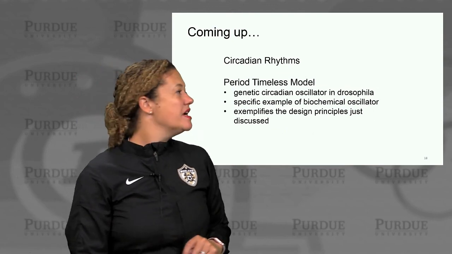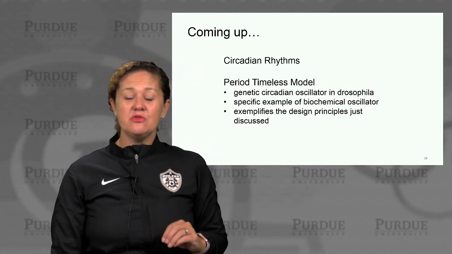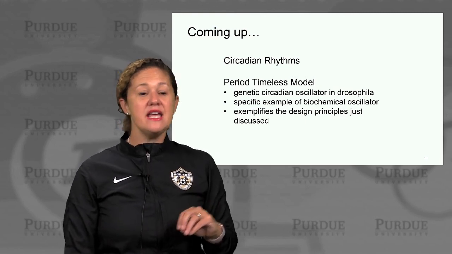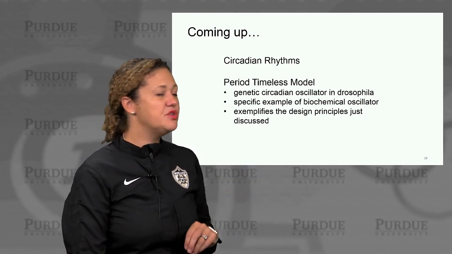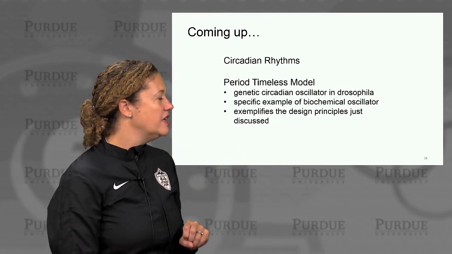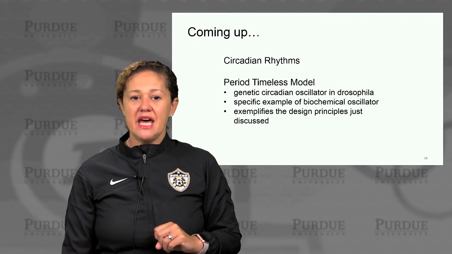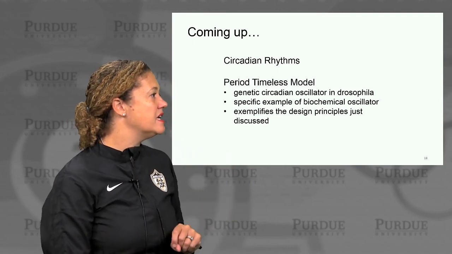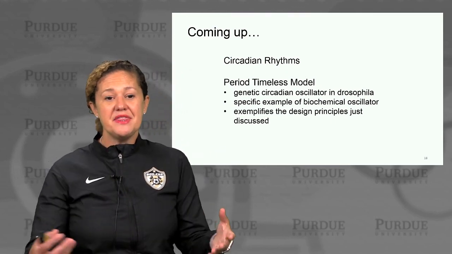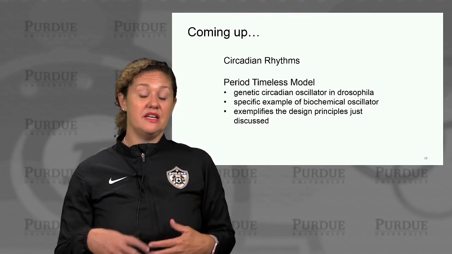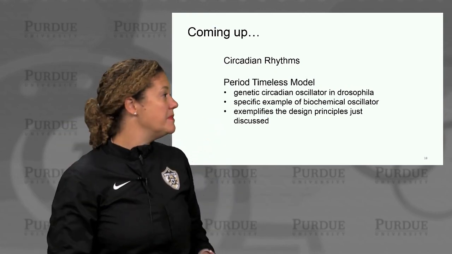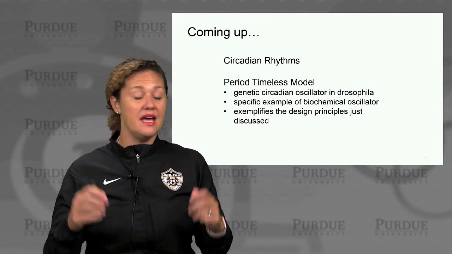So, coming up, we're going to move into circadian rhythms, a particular type of biological oscillator, and dive more deeply into a really nice example of this: the period-timeless model that happens at the genetic level. This is a genetic circadian oscillator that was first identified and characterized in Drosophila, but that has homologs in us and affects our wake-sleep cycle with the day and night.